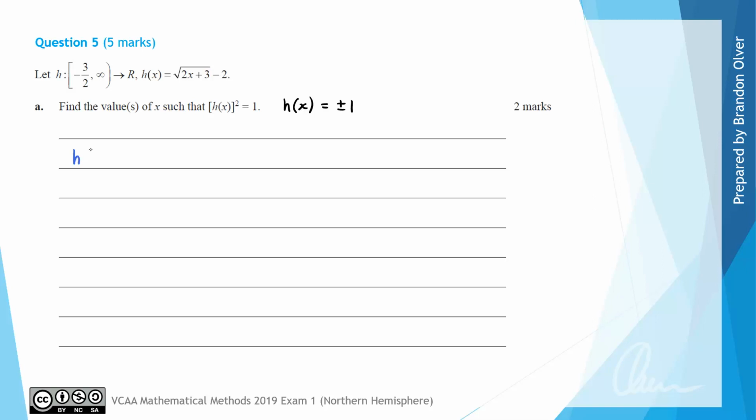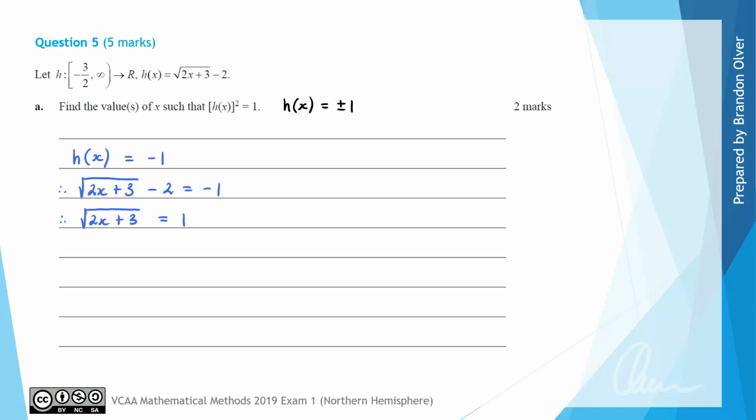The first one we're going to consider is when h of x is equal to negative 1. Therefore our rule, the square root of 2x plus 3 minus 2, must equal negative 1. Adding 2 to both sides, the square root of 2x plus 3 must equal 1.